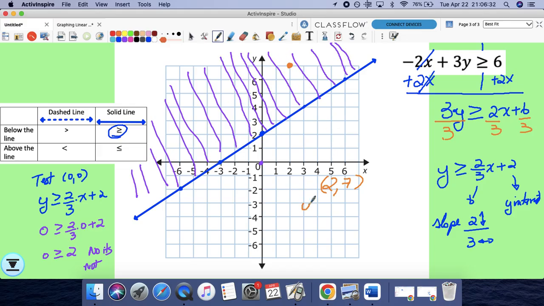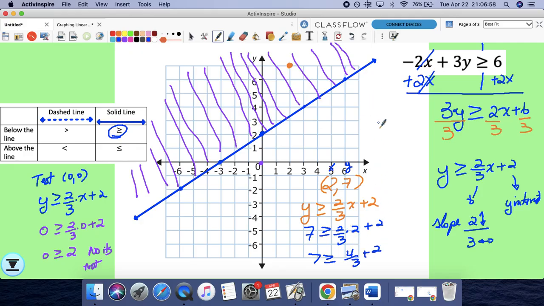So again, let's write the inequality: y is greater than or equal to 2/3 x plus 2. This is my x coordinate, this is my y, so we get 7 is greater than or equal to 2/3 times 2 plus 2. 2/3 times 2 is 4/3, plus 2.